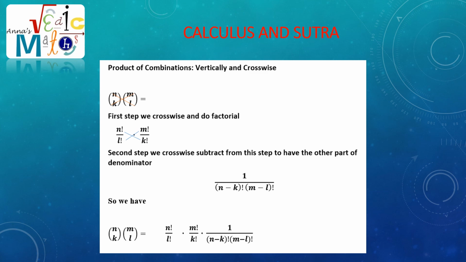So we have n factorial divided by l factorial multiplied by m factorial divided by k factorial. The second step, we crosswise subtract from the step before, and we have the other part, that is the denominator. So we have 1 divided by (n minus k) factorial times (m minus l) factorial. So we have the solution.